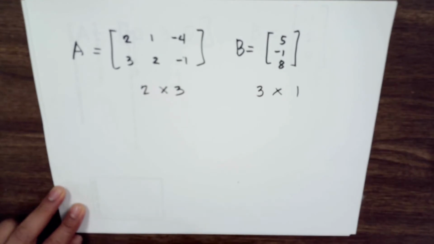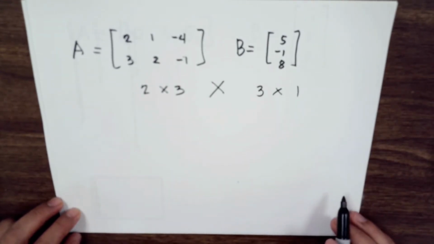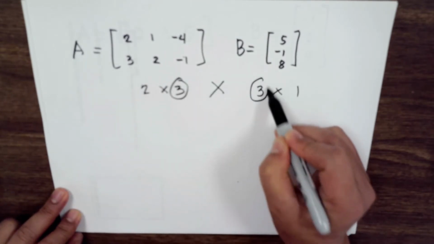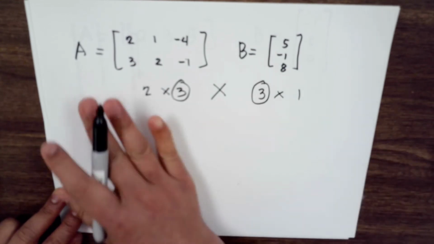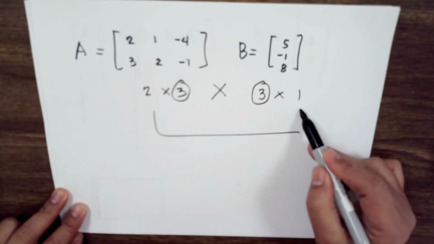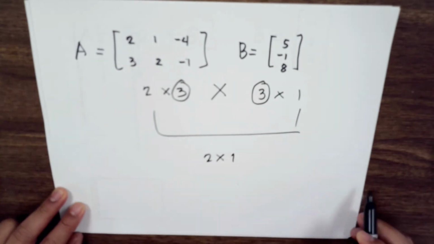You wanted to multiply them, but how do I make sure that I can multiply them by means of dot multiplication? You would notice that the inner values are the same. So this means that these two matrices can be multiplied, and they will have a product which has an order of 2 by 1.